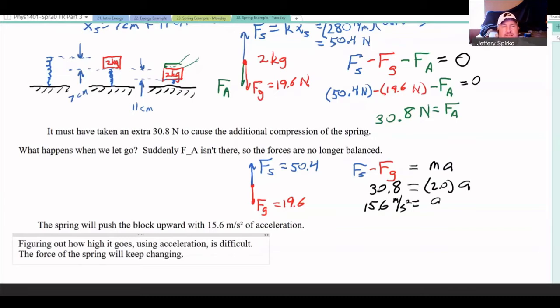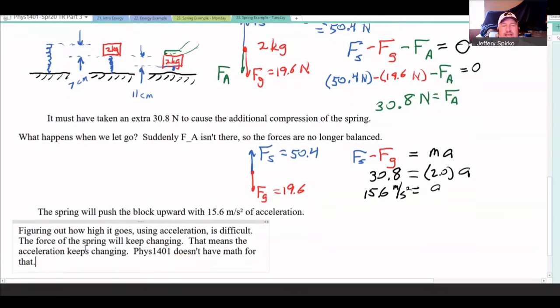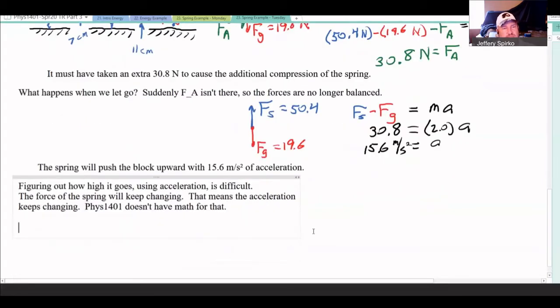The big problem is that springs provide a force that depends on how much you compress them. And that means that as this block starts to rise, the spring force is going to get smaller and smaller and smaller. The force keeps changing. That means the acceleration keeps changing, and we don't have the math for that. So we're going to use spring energy.